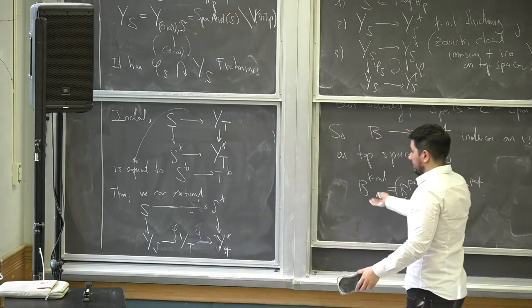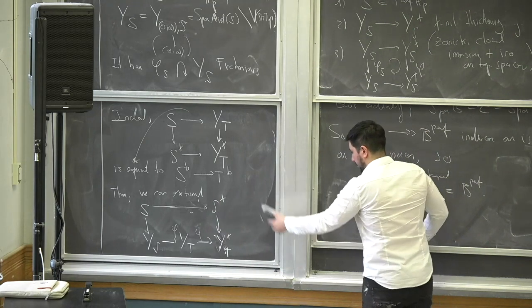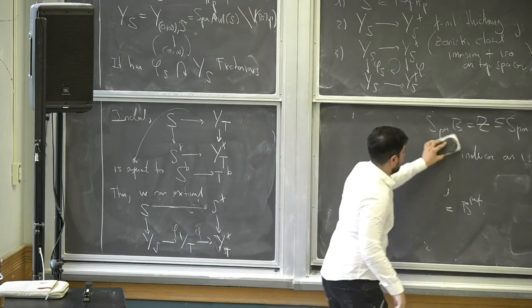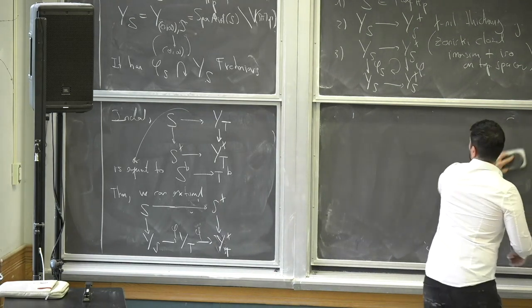And again, if you want to make this universal such that this is P equivariant, then well, you can basically just have a map.